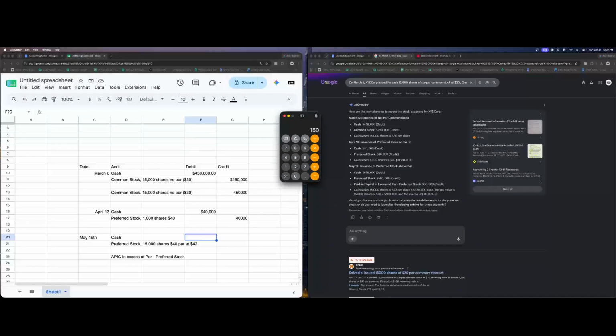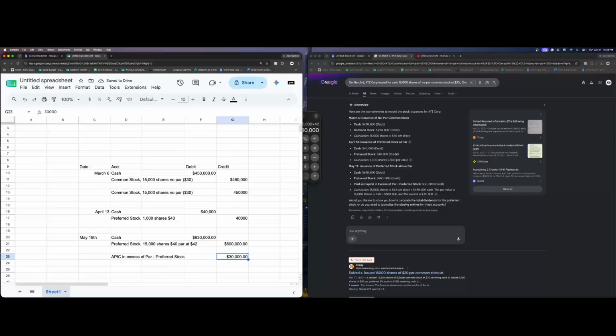So 15,000 shares at $42 was actually what was received. But the actual preferred stock, which is sold at par, is only $60,000. That's how much was issued at par, so there was an excess over par, which is $30,000. So that's what APIC, additional paid-in capital, is.